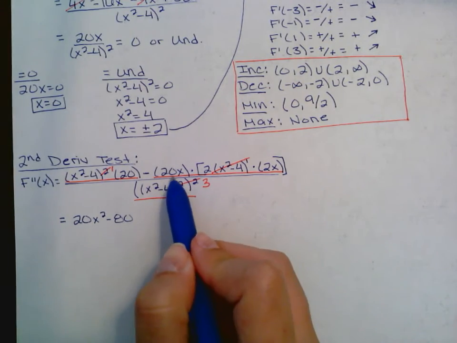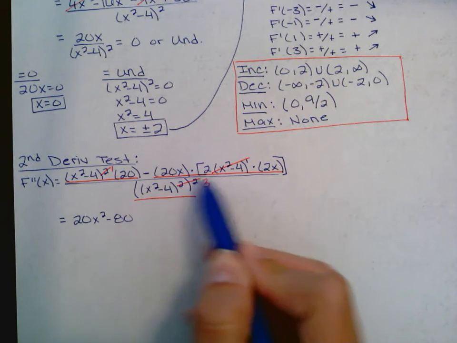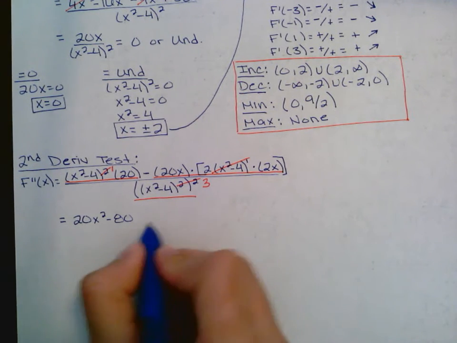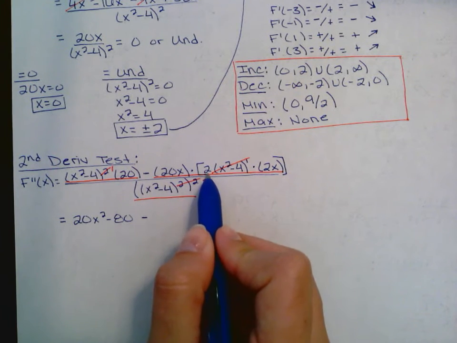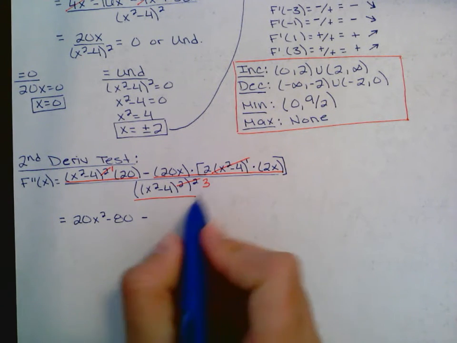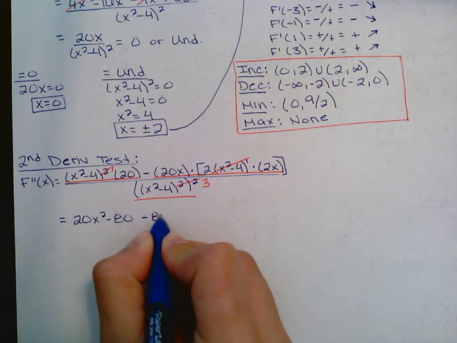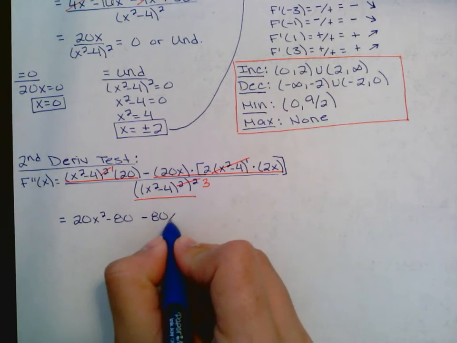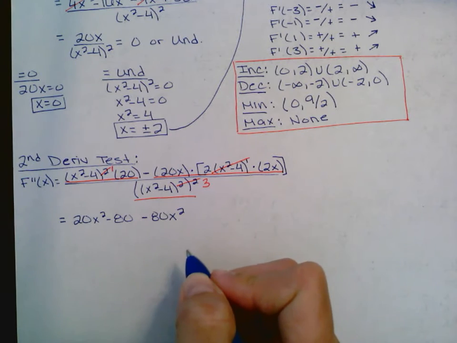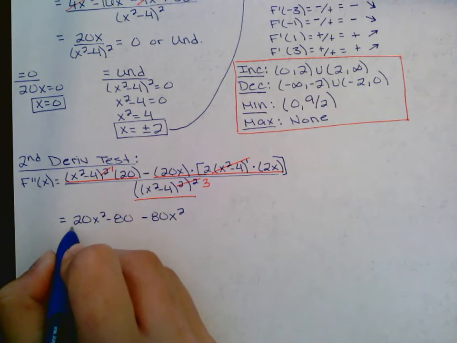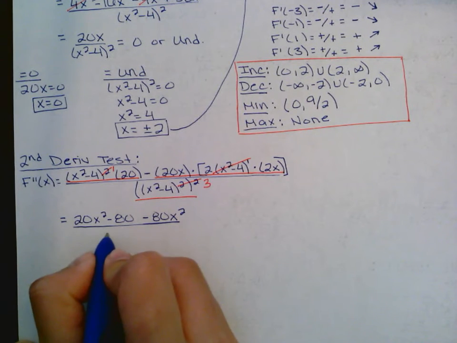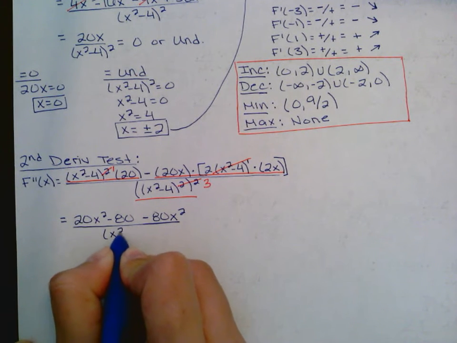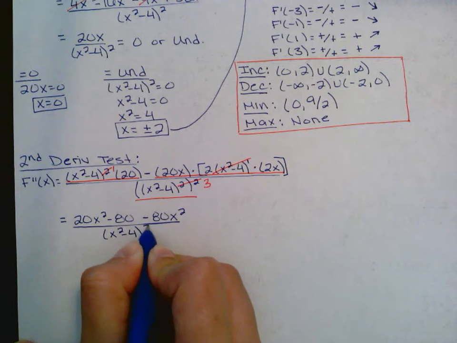Now here, the only thing I have left is the negative 20x, the 2, and the 2x. So I'm going to end up with negative 2 times 2 is 4. 4 times 2 is 8. So negative 80. And then there's 2 x's, so x squared. Okay? All over that same denominator, which is now cubed.